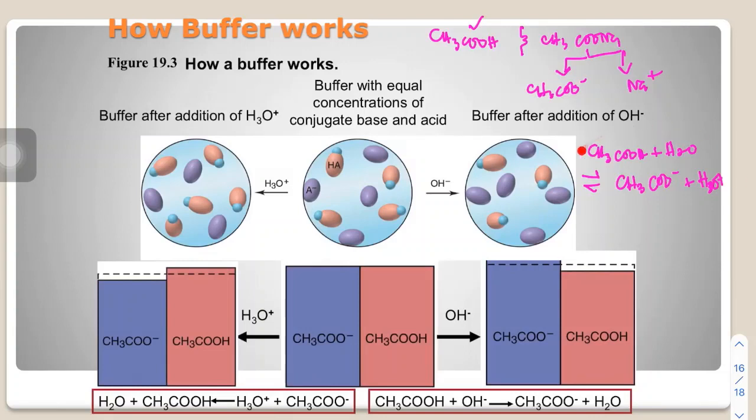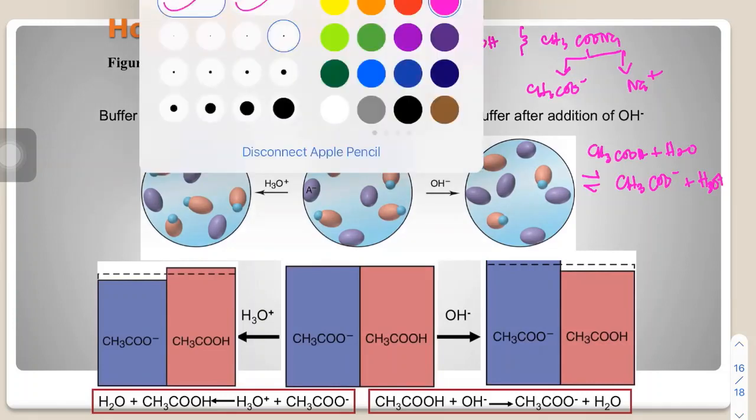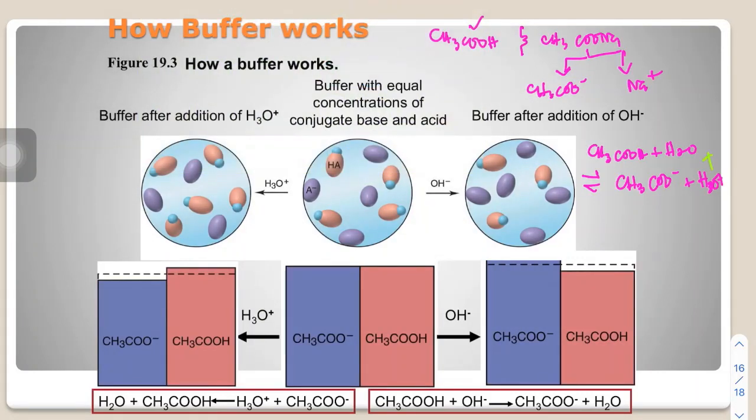Okay, if we refer back to this equation, when H3O plus is added, it means that at this side H3O plus is added, so acetate ion will decrease to react with the addition of the H3O plus, and the reaction will shift to the side that is producing CH3COOH and H2O.